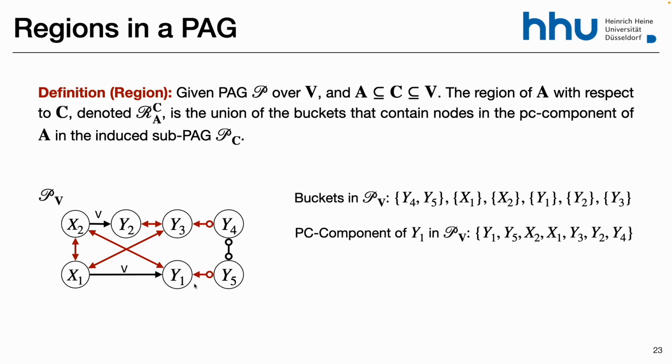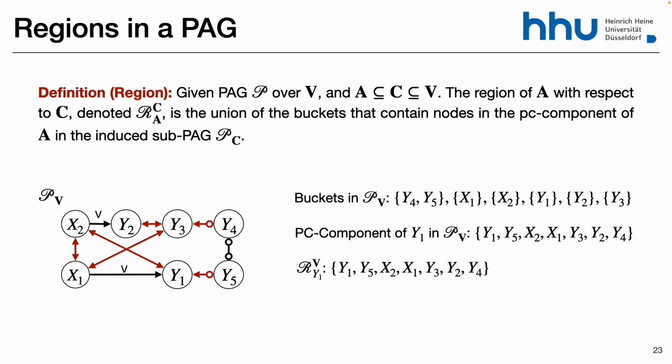We started with Y1 here, and you see that X2 is part of the same PC component. This one is part of the same PC component through this bidirected path. Then if I go right, Y5 is part of the same PC component. I can go further here, so going to X2, then X1, then through this path I go to Y3. Then I can go either right to Y5, Y4, or I can go left to Y2. It's not the same PC component, but by putting them together, those variables are part of all the PC components of Y1.